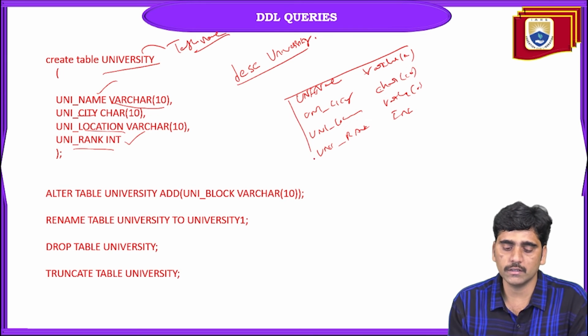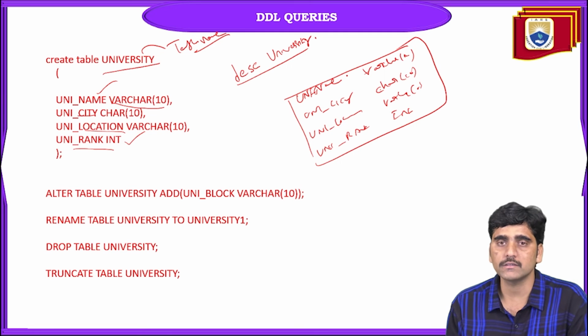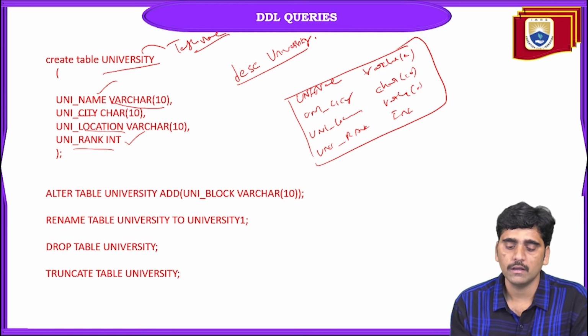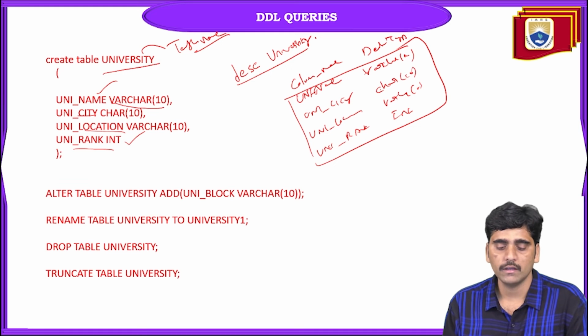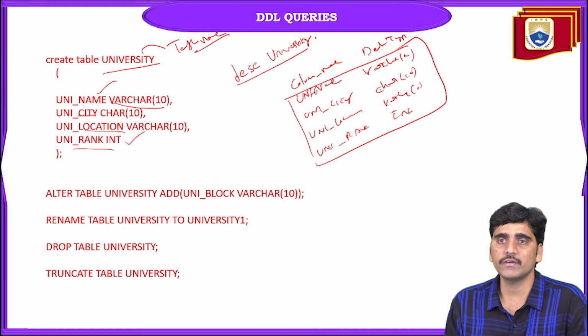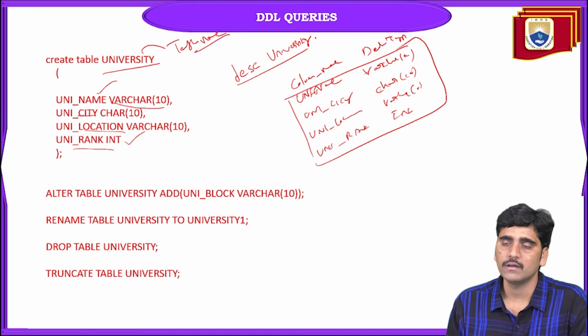So the table structure is going to be displayed like this, with column name and data type. This is the way you can see the structure of a table.